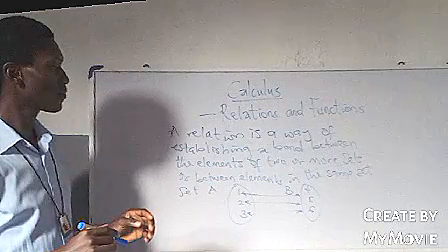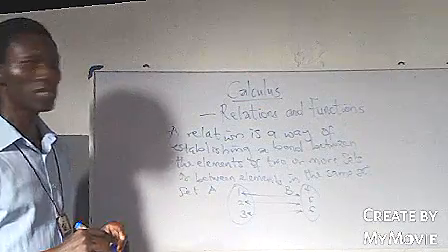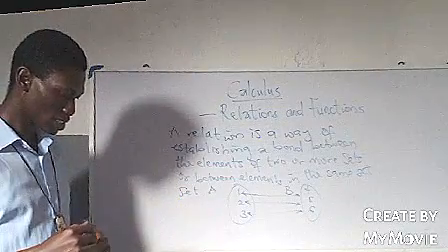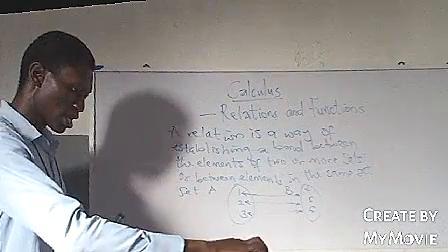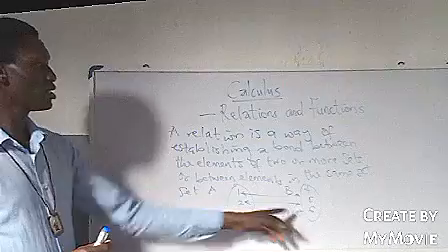So this is what we'll be considering in relations: how to establish a relationship between members of one set and another. Again, we are using an arrow to indicate it.